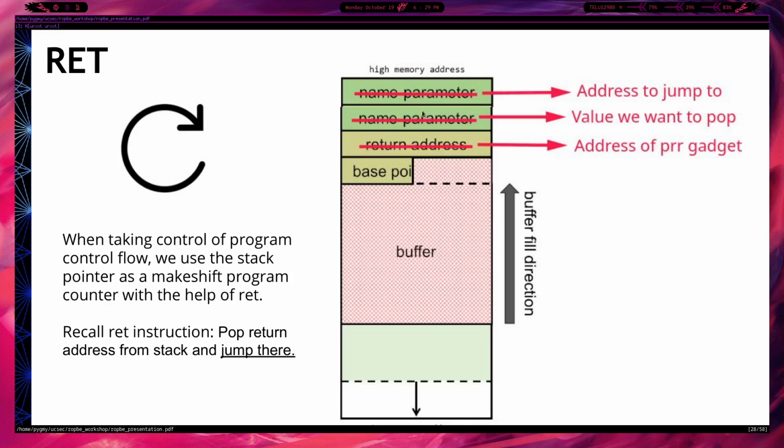So the order of a pop RDI ret would be the address of the gadget, which we just did, and then a value we want to pop, and then the address we want to jump to after.